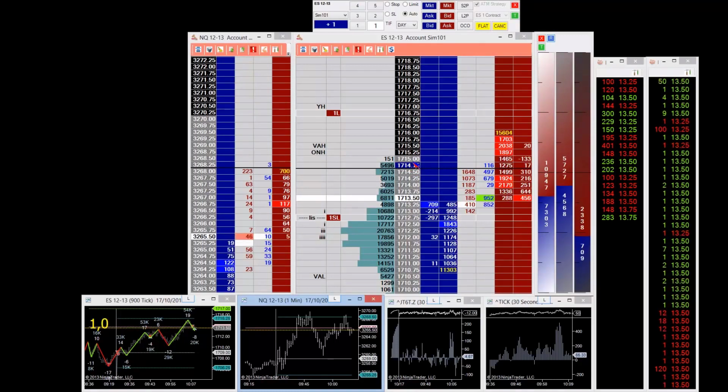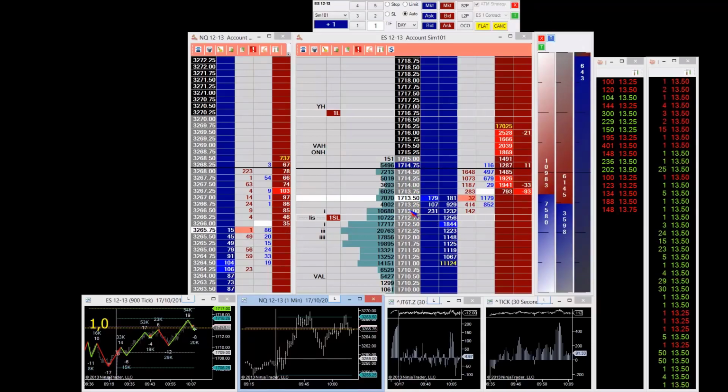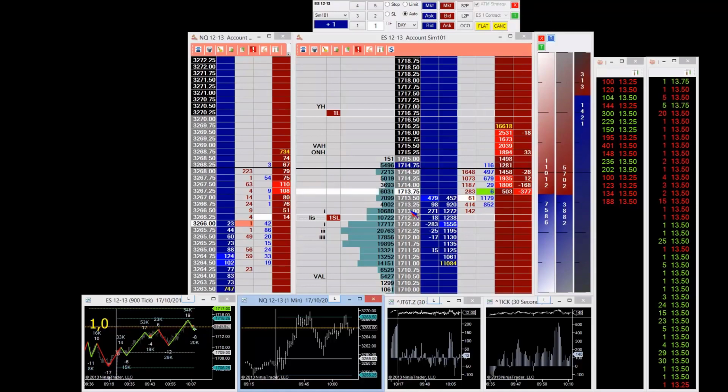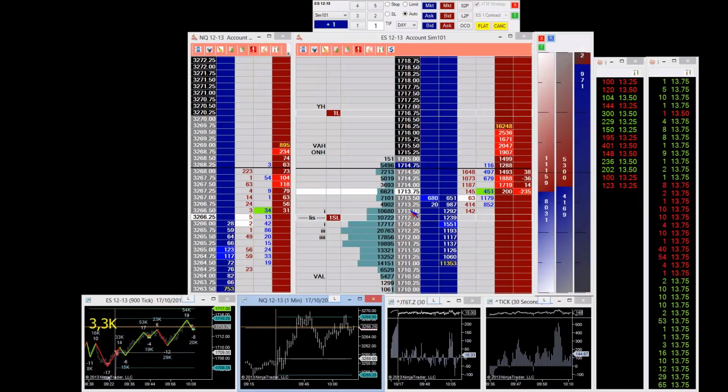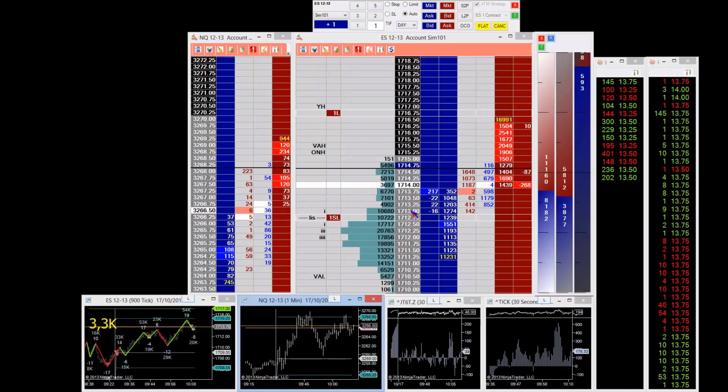Probably not many. The ones still in the market, when it came back down to 1713, were probably saying, okay, I was short, I got offside by 2 points, it came back to my entry point, and now I'm going to get out. I'm going to buy and get out because it's given me a second chance. I kind of got away with being short and going offside 2 points.